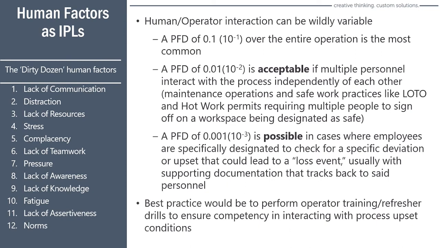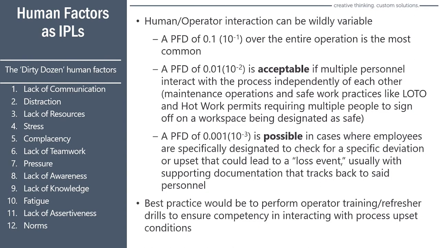So if you have a lockout tagout where the operator locks and tags a valve, say, and then the supervisor or a maintenance person comes through and puts their lock and tag on it after that, then that is maybe a 1 in 100 chance of failure, as opposed to 1 in 10 where you would only have 1 person locking something out.